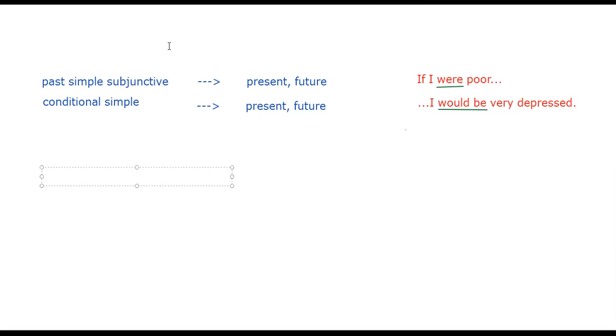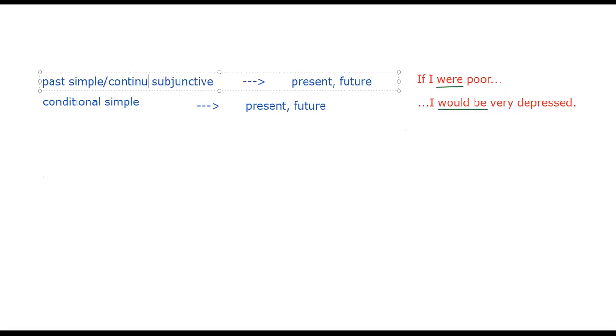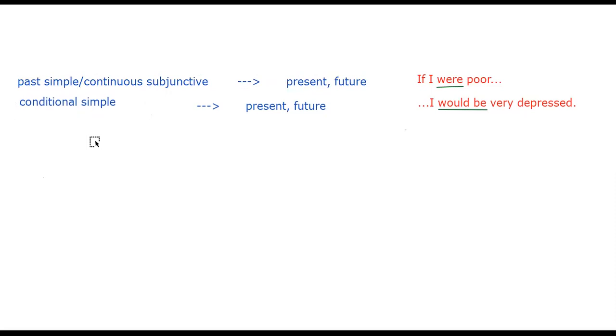And then you have, actually here, I forgot. Let's say past simple and continuous. Let me do that. Okay. And then we have past perfect continuous.